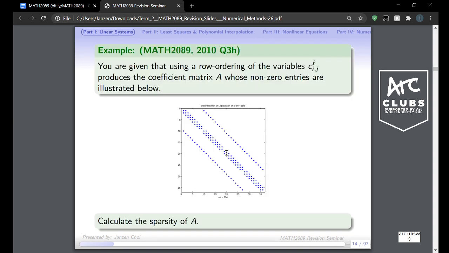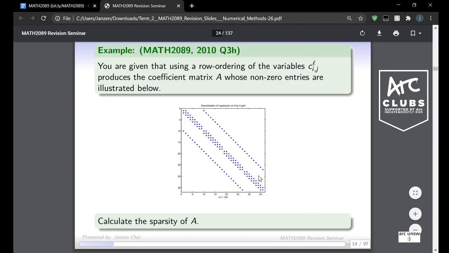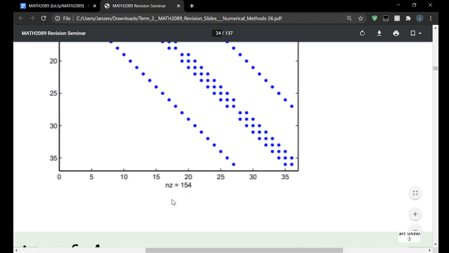So you can see here, this is a question, the 2010 paper. It's really hard to see, but I'll zoom in. See, it says that the non-zero elements, so the blue dots, there are 154 of them in the matrix.